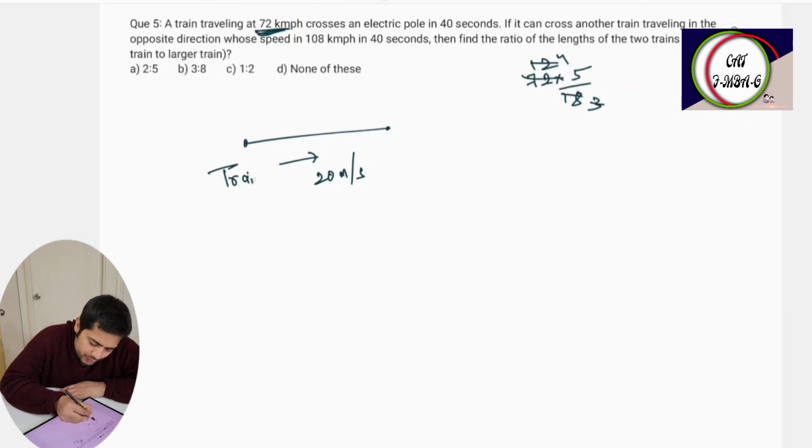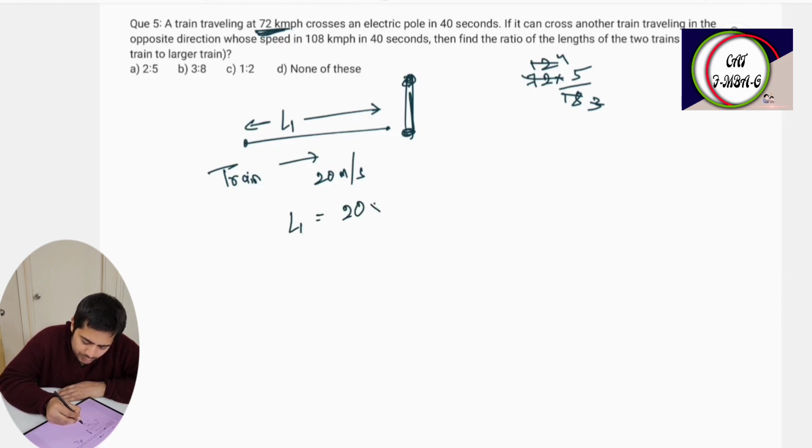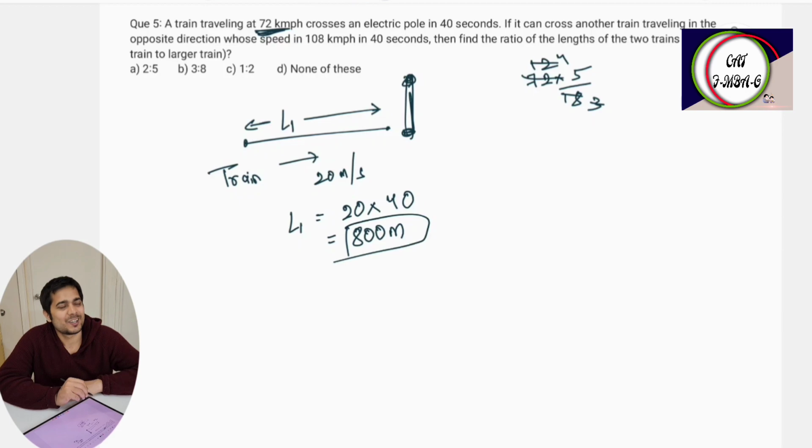This is the train. It crosses an electrical pole in 40 seconds. So let the length of the train be L1. Distance is equal to speed into 40, which is 800 meters.